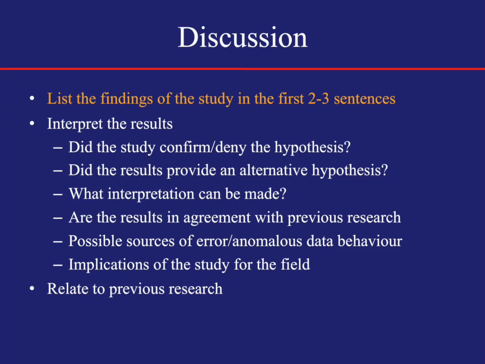So very specific, and then interpret the results just by saying, did the study confirm the hypothesis? Did the study provide an alternative hypothesis to what was known? What interpretation can be made? Are the results in agreement with previous research, or are they in disagreement? And in that case, try to bring a justification or a hypothesis for that disagreement.